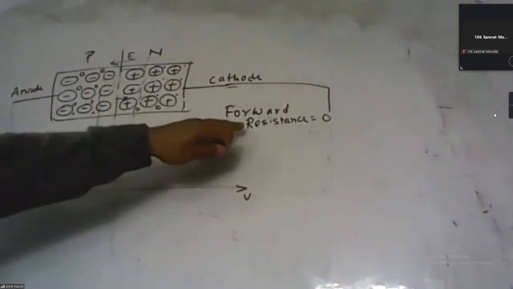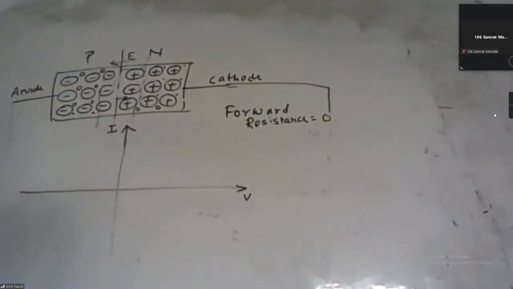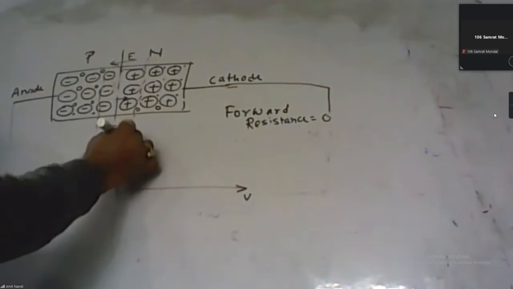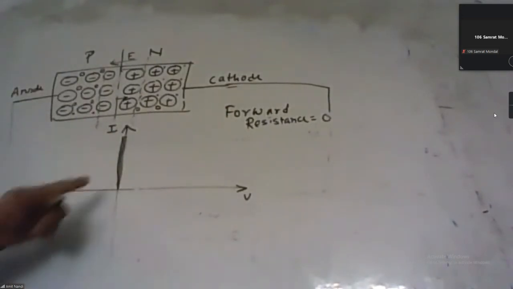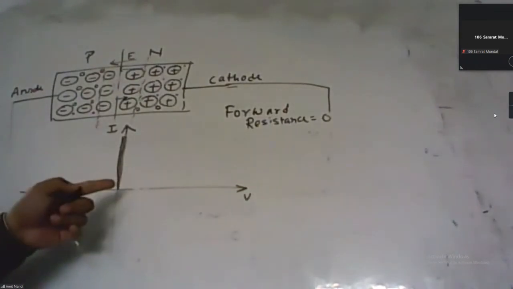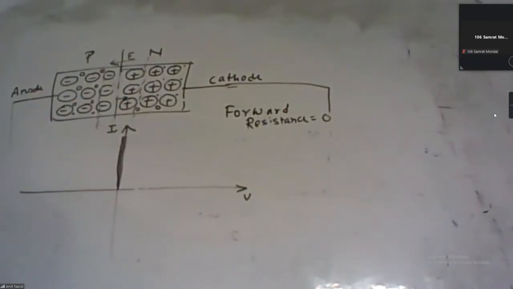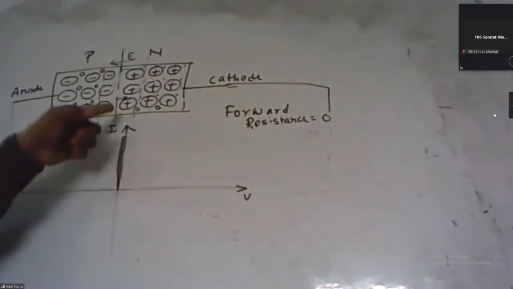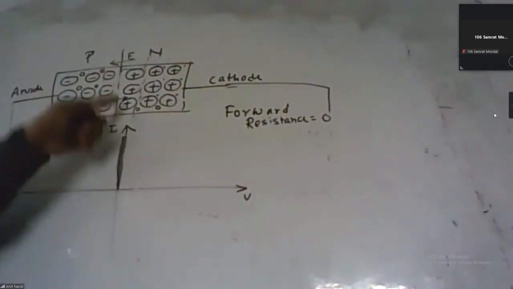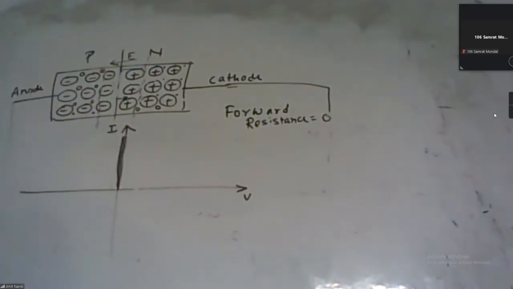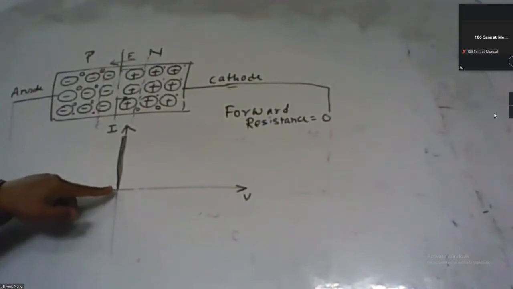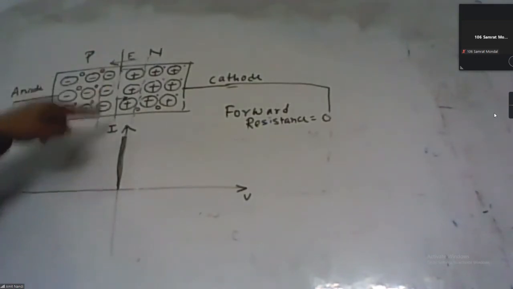Due to the forward resistance being 0 in the case of an ideal diode, any amount of current can flow through the diode, but the voltage is equal to 0. So if we draw the forward characteristics curve of the ideal diode, it overlaps with the positive y-axis, the positive current axis.